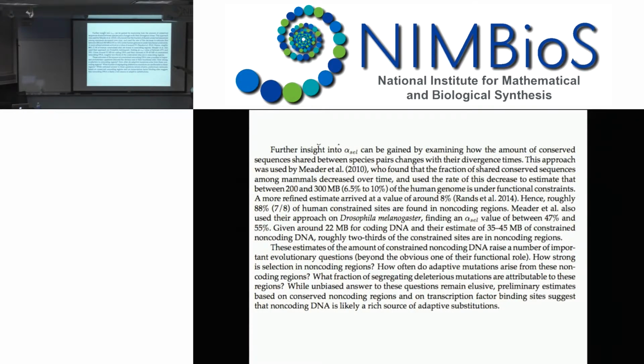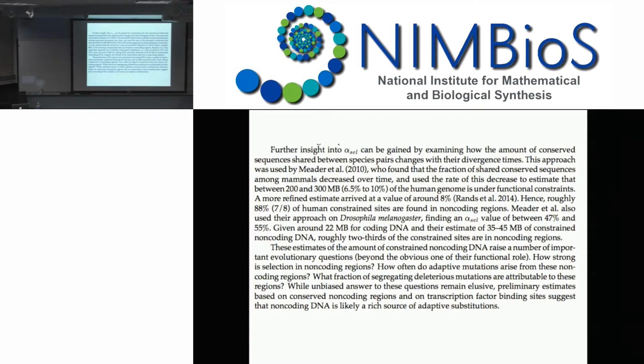They finally refined this to about 8%. So 7/8 of the conserved DNA in humans is non-coding. In Drosophila, again, you get a value of a little bit more than 50%. So a lot of the DNA in us that's not coding is conserved. In humans, several times more non-coding DNA is conserved than coding DNA.